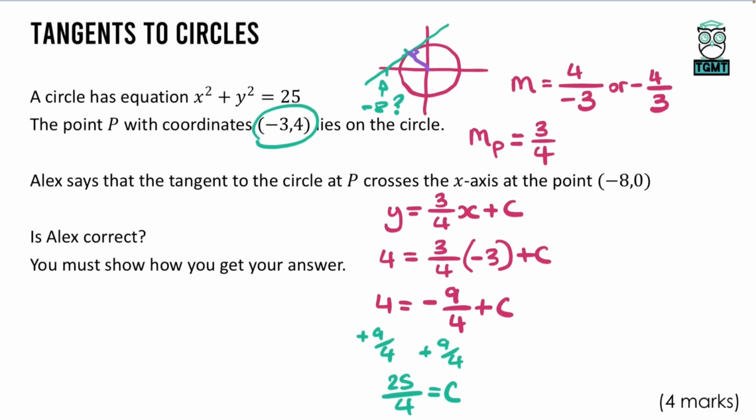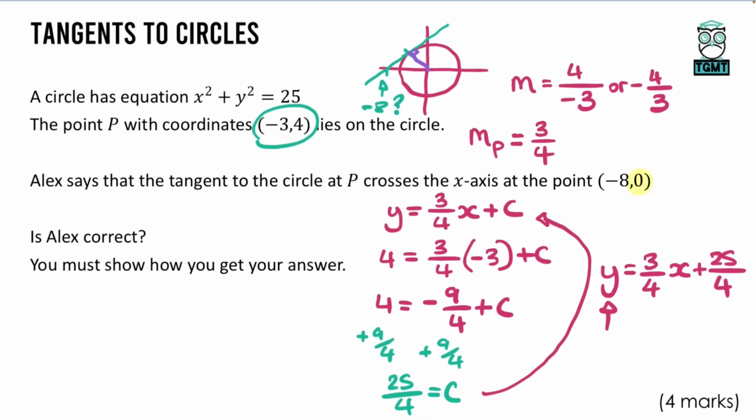I can now write the equation of the line by putting that c value back into my equation, and we get y equals 3/4 x plus 25/4. So there is my equation. I now just need to use that to find where the line crosses the x-axis. That's where y is equal to 0. You can already see that anyway in this particular one because they've put the 0 there. So you've got two ways of showing whether this is correct.